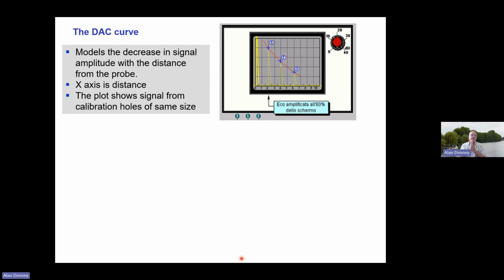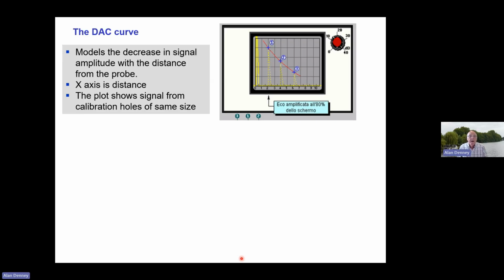So what's that about? Well, if you think about a torch beam, again, of course, the amount of light that is received and comes back from anything you're looking at with a torch decreases in accordance with the inverse square law. So things further away give less reflected light than things close to you. Something you all understand.